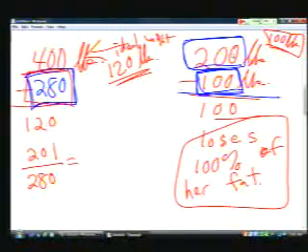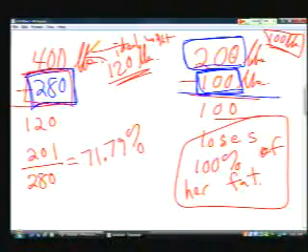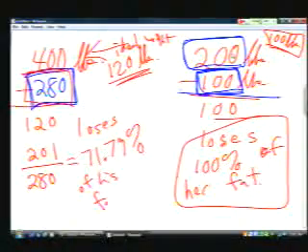So now you take 201 divided by 280, and you get 0.7179, or in other words, 71.79%. That's how much of his fat he loses.